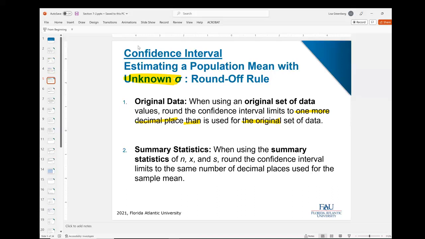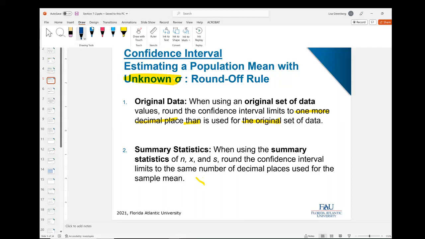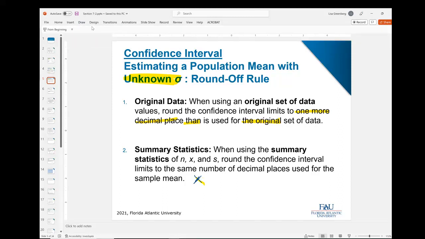If we're given summary stats, then we just use the value that we were given. So when using the summary stats n, x bar, and s, round the confidence interval limits to the same number of decimal places used for the sample mean. So we're going to have a sample mean somewhere, x bar, and whatever that is, that's what we're rounding to.